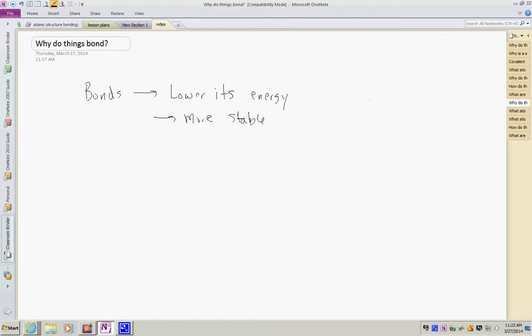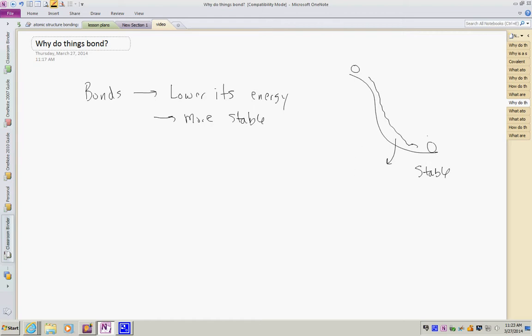This is the same reason why a ball rolls down a hill. It does it on its own. It will roll down, releasing energy all along the way, becoming more stable. So things that release energy are generally spontaneous and generally more stable.